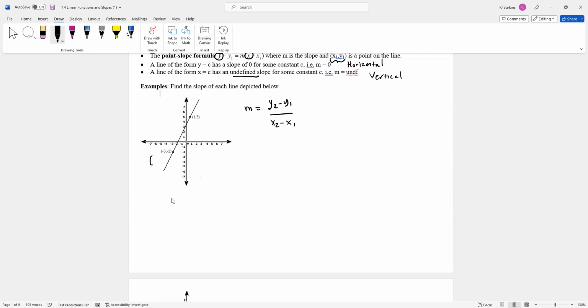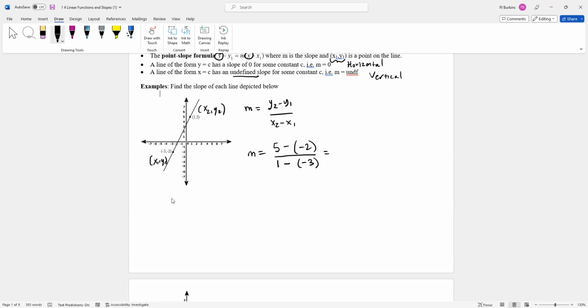Okay, so I'm going to call this one x1, y1. This one's going to be x2, y2. So my slope would be y2, which is 5, minus a negative 2, which is y1, over x2, which is 1, minus a negative 3, which is x1. Okay, so it's y2 minus y1, x2 minus x1.